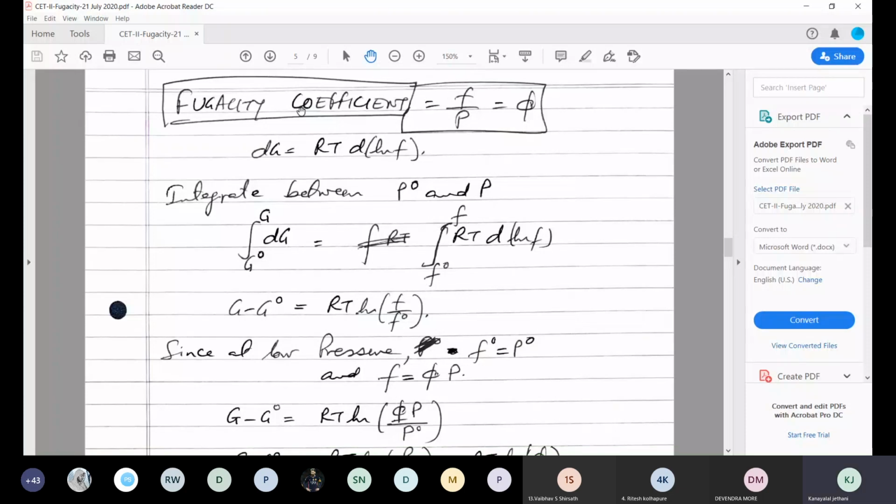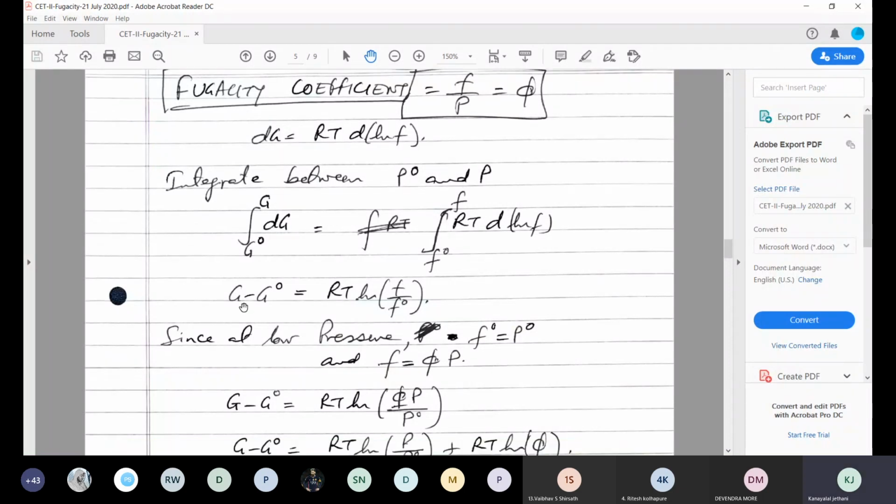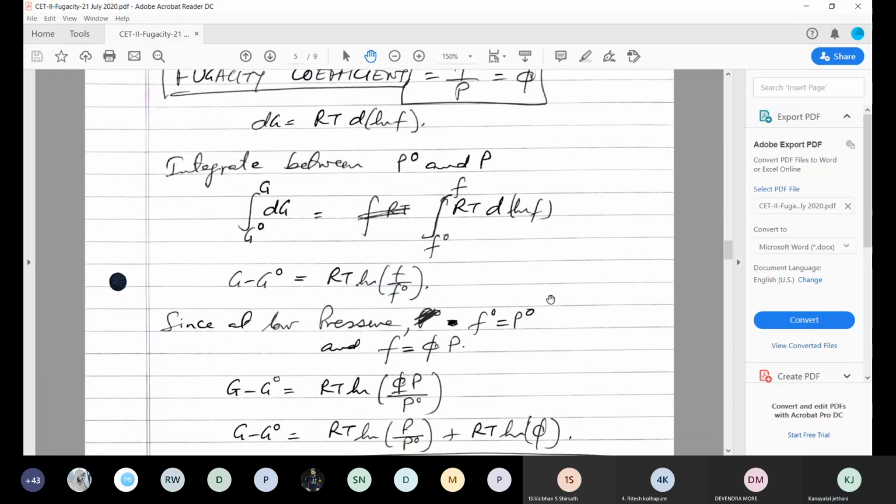Okay, so we define the fugacity coefficient which is equal to F by P, which is equal to phi, right? And we have derived, or defined fugacity as dG equal to RT d ln F. So if we integrate between low pressure P0 to P, what we will get is integral from F0 to F. What we get is G minus G0 is equal to RT ln F by F0.